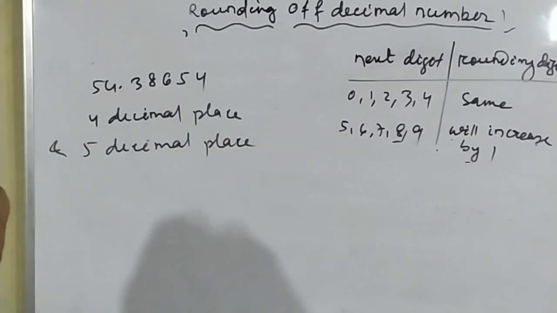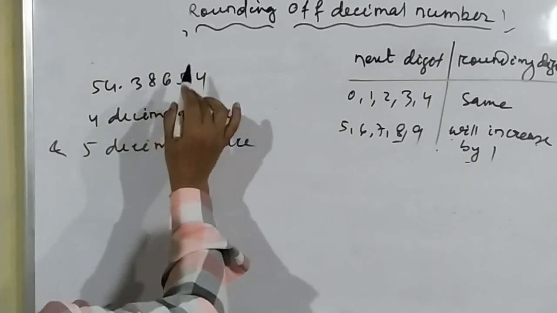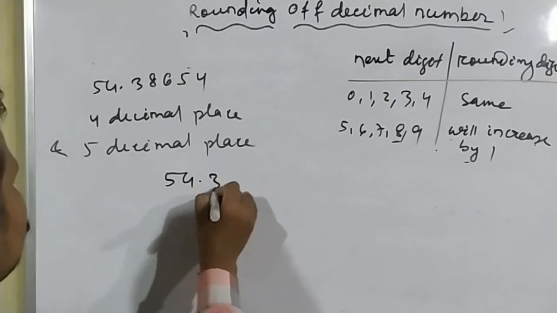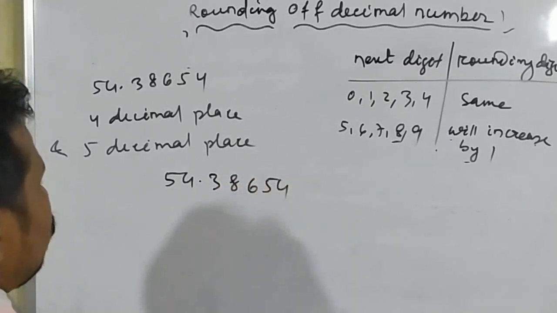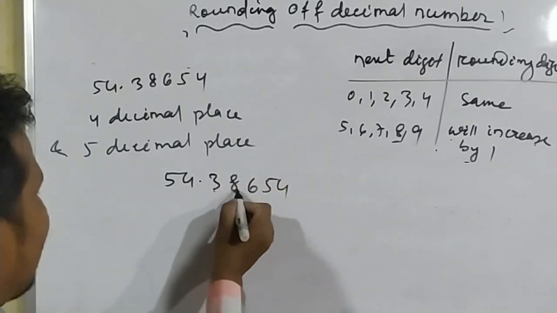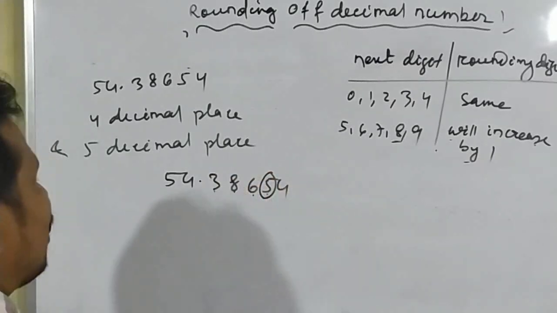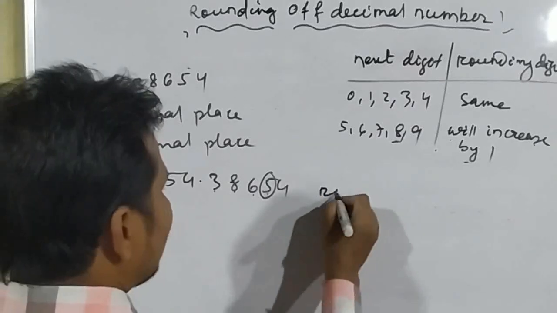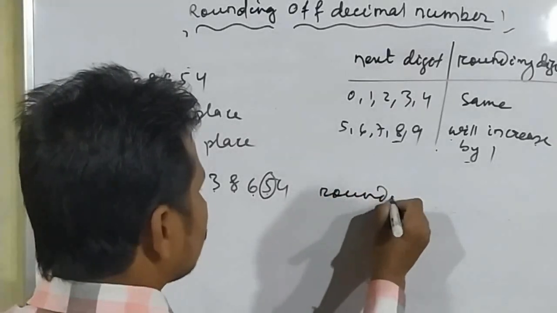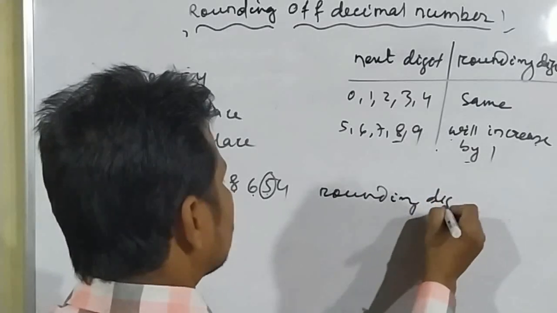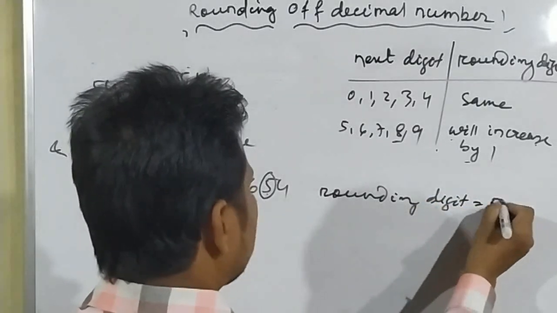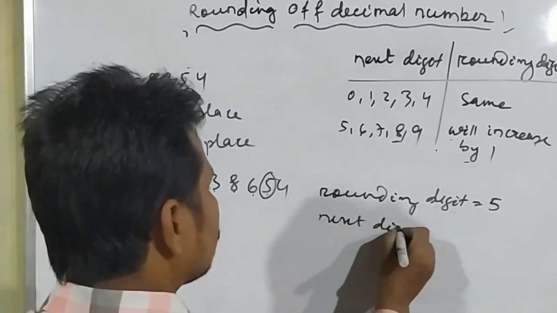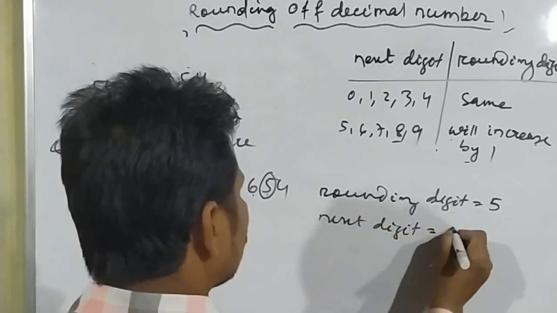So which one is the fourth decimal place? First, second, third, and fourth. In 54.38654, the fourth decimal place is 5. So the rounding digit is 5 and the next digit is 4.